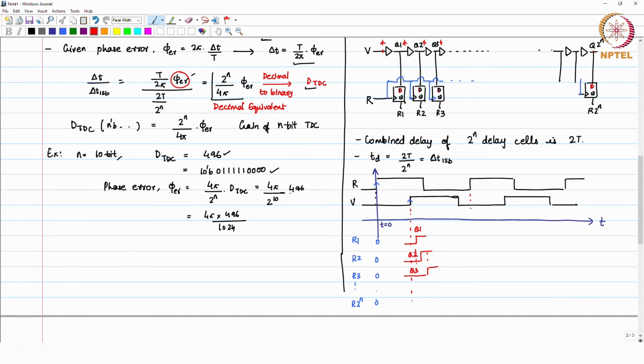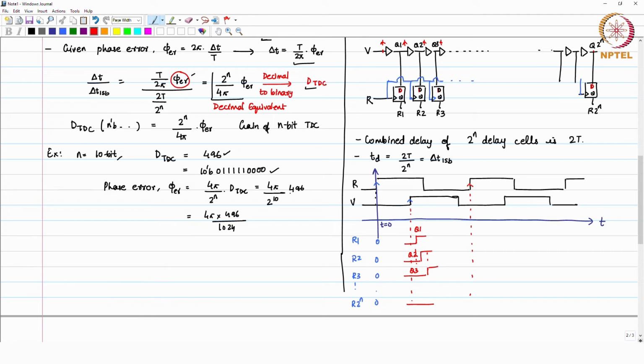Since the range of this TDC, this delay line, is 2T, until you get the rising edge here you will not be able to get Q of 2 power n as 1. So, what happens is that a few of them will still be 0 and others will become 1.